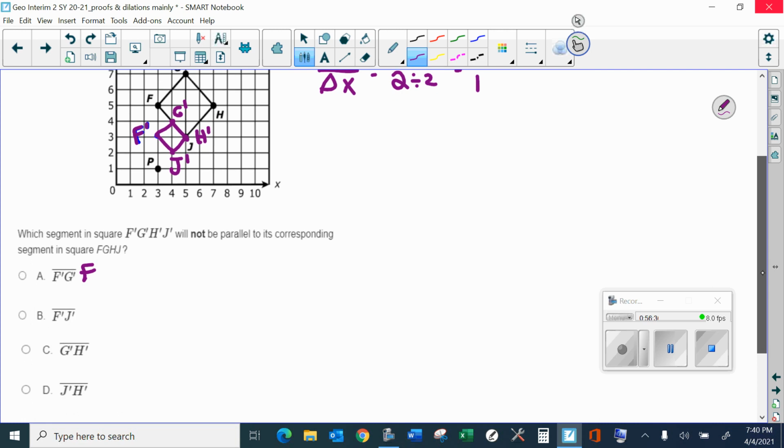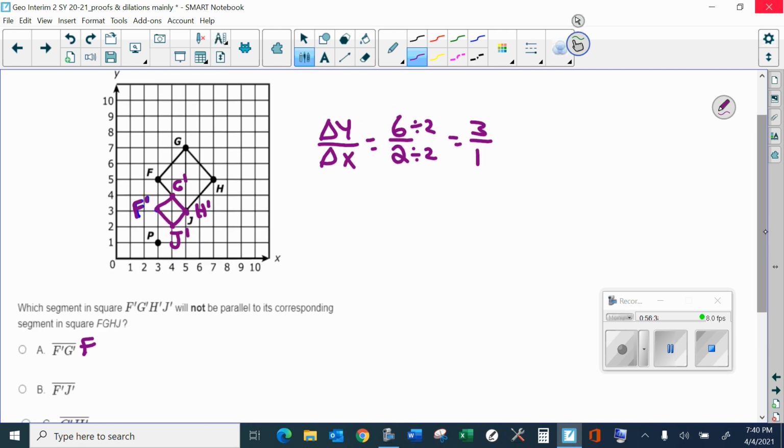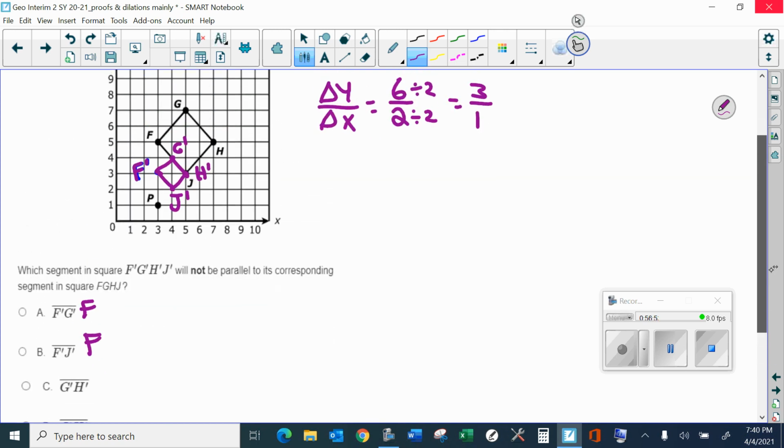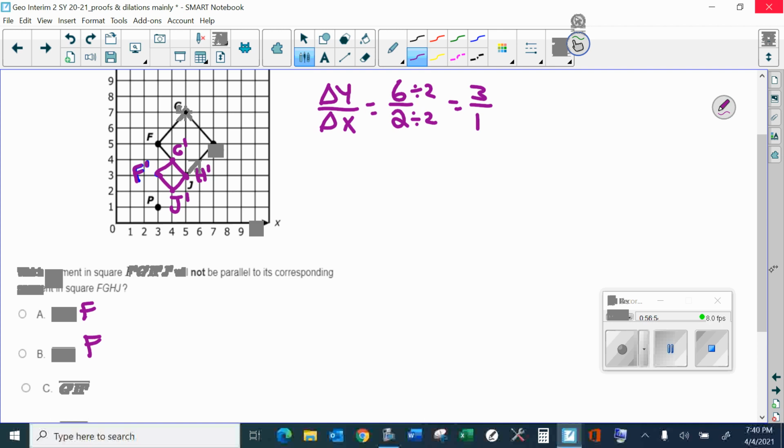Next one. F prime J prime. This one right here. What is this slope? -1. Okay. F prime J prime down 2, right 2. That's -1. So that's false. G prime H prime. G prime H prime is a slope of -1.